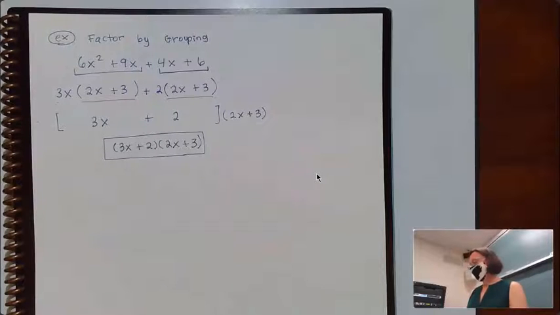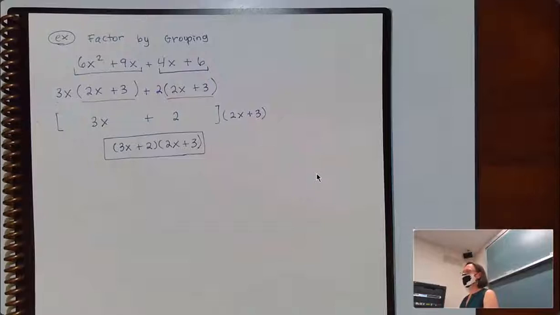I will tell you that I really honestly used to hate factoring by grouping. And I was like, this is dumb. Over the years, I have found that on average, about 25% of students, this works better for them in their brain.